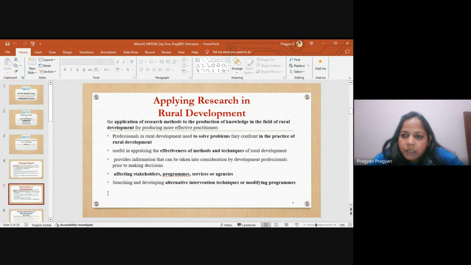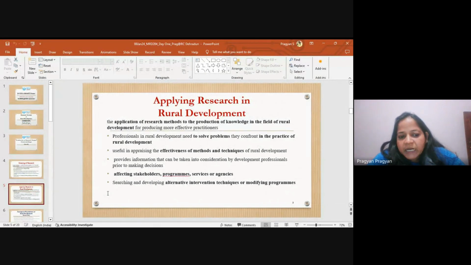So the overall idea is to get the answer of those questions which are, number one, not answered at all; number two, partially answered; number three, answered, but the time and space has changed, so those answers are not actually working in the present situation.